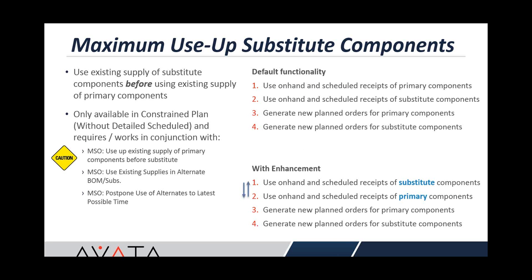So this one here is substitute at the component level. The current functionality prior to this enhancement was to always look at the primary and use your primary on hand or scheduled receipts first, and then look at substitutes if you don't have any of those, prior to then going and creating new planned orders for the primary, and then subsequently the substitutes.